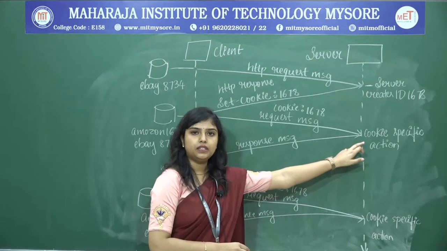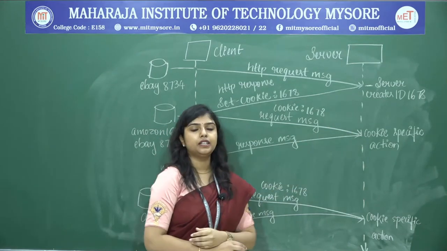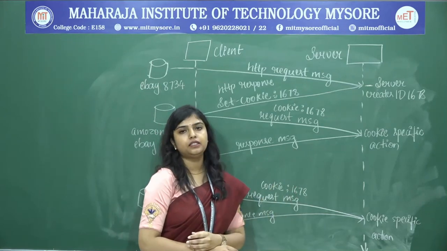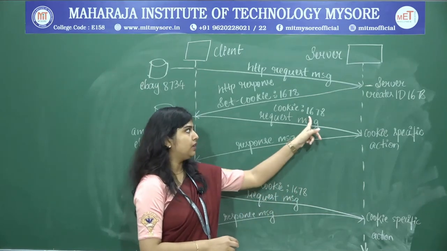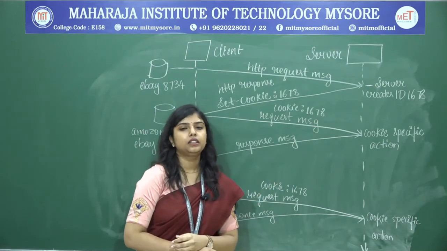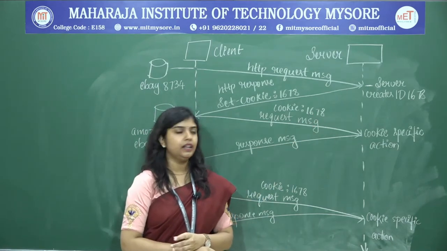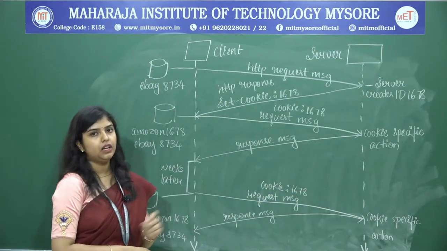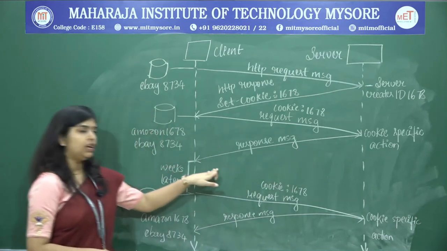So when the request is received, the server does not create an ID again, because it has already recognized her as Susan. That means, using this identification number 1678, the server will directly identify the client, and then it will just take the action which has been specified by the cookie, and it will respond to that message.